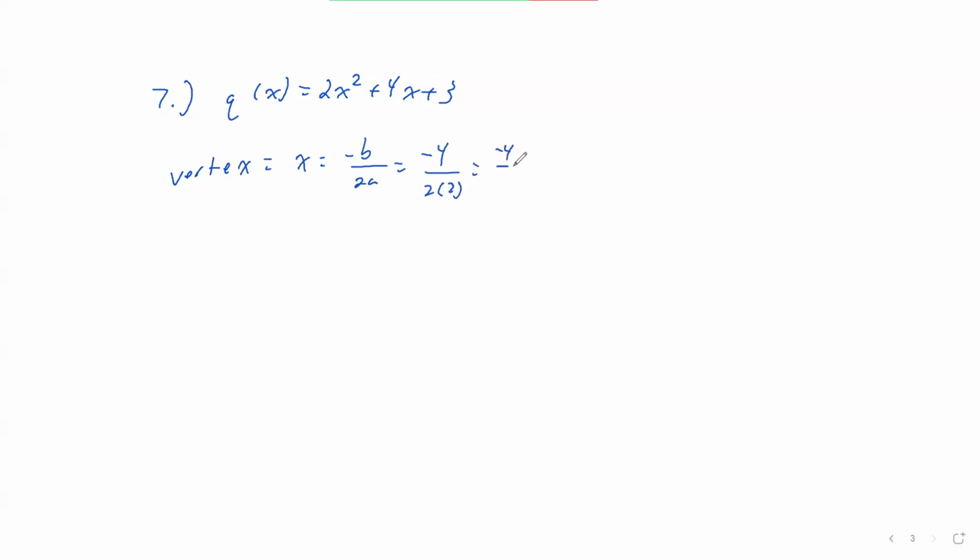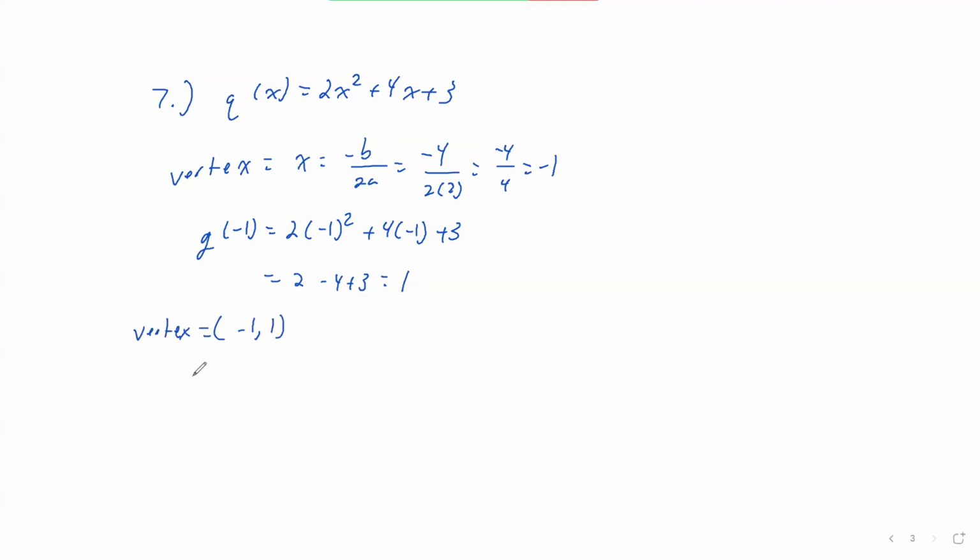So that's negative 4 divided by 4, which is negative 1. And then I'm going to take my negative 1 and plug it in. So this gives me negative 1 squared, which is 1, times 2, which is 2. 4 times negative 1 is negative 4, plus 3. 2 minus 4 is negative 2. Negative 2 plus 3 is 1. So therefore, I get negative 1, 1 as my vertex.